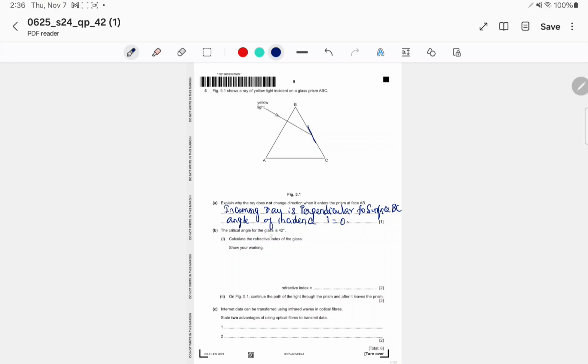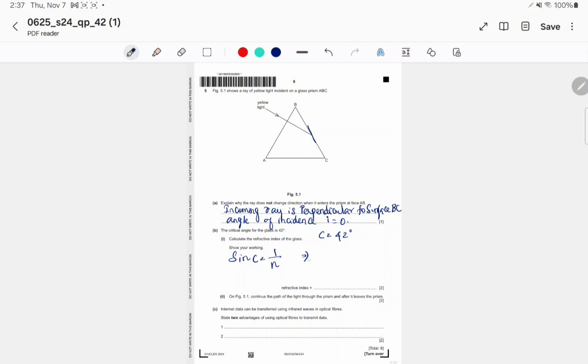Second question: the critical angle for the glass is 42 degrees. Calculate the refractive index of the glass. The critical angle C is given as 42 degrees. Our known formula is sine C equals 1 by n.